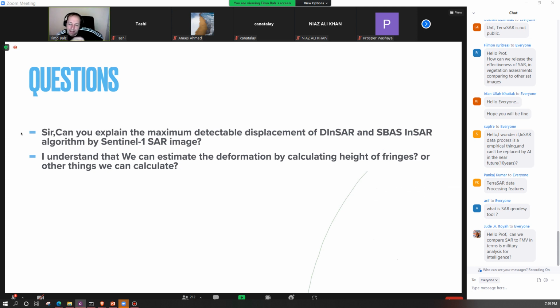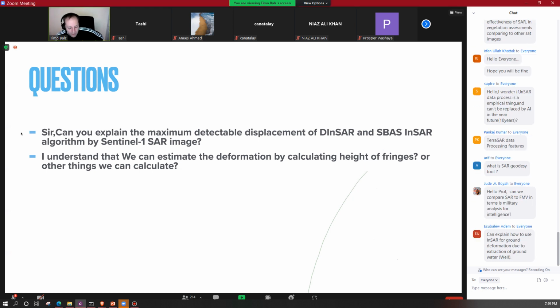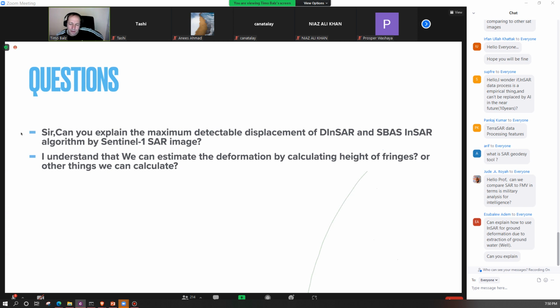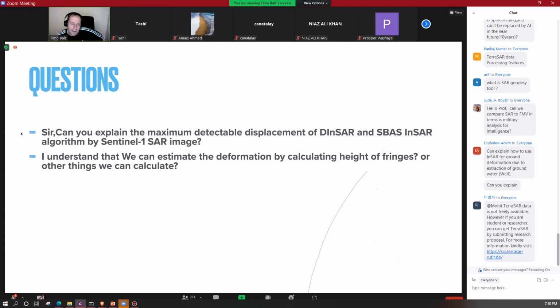In a very simple answer, you have to stay below the phase ambiguity, so you have to stay below the 2 pi of your measurements, which in terms of displacement should come down to half of the wavelength of your system, right?